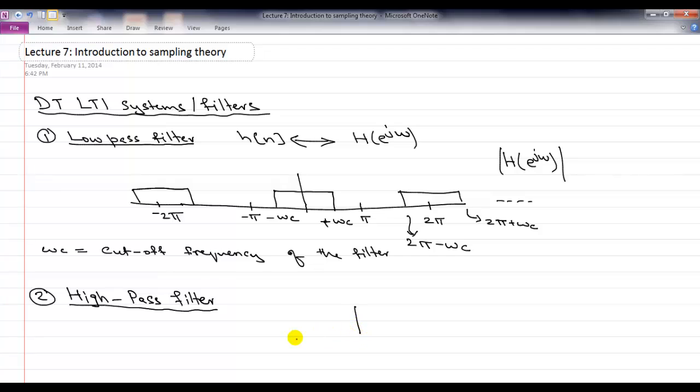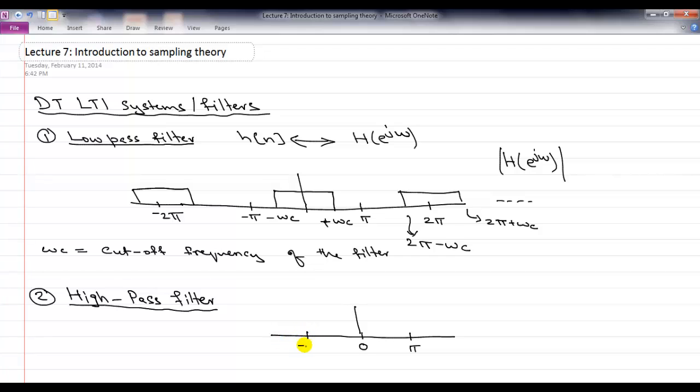Now, if you remember, in continuous time, a high-pass filter's response starts at a certain point omega c and keeps on going up to infinity at 1. You can't have that notion in the discrete world because, again, of the periodicity.